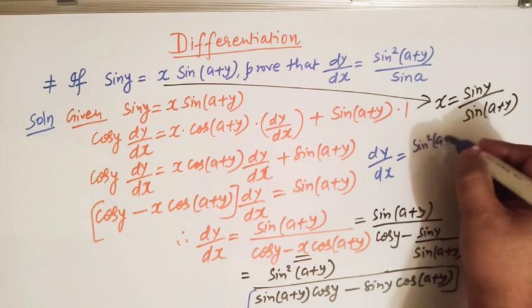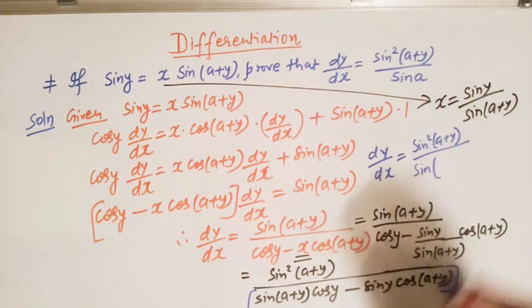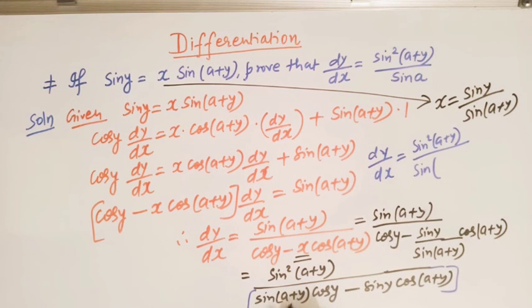(a plus y) divided by sin of... suppose we take a plus y as capital A and y as B, then we have sin A cos B minus sin B cos A, right?